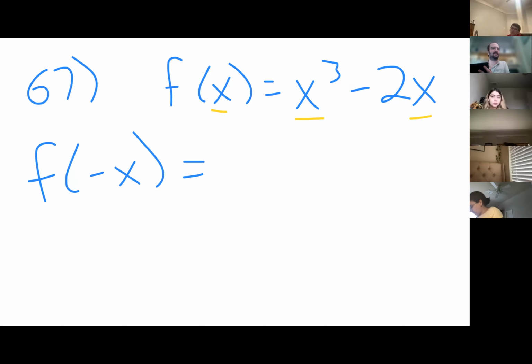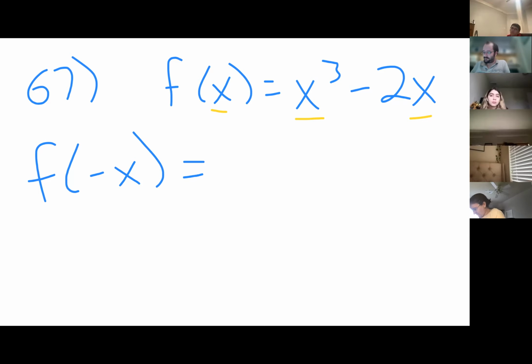Would this one be even since they're both positive? What would my function be if I plug in a negative? How many different spots am I plugging it into?